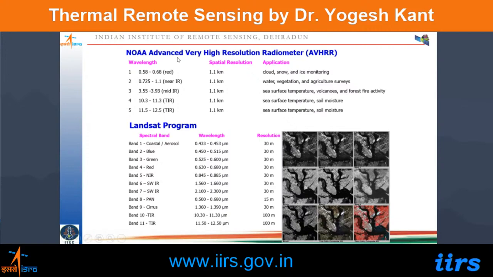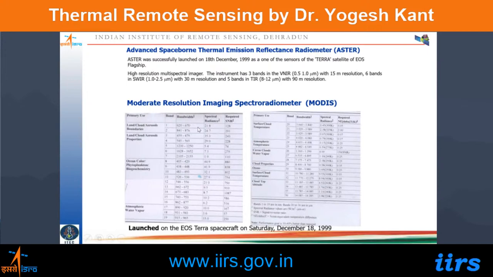MODIS, that is the Moderate Resolution Imaging Spectroradiometer, has 36 channels, and many channels are devoted to thermal infrared from 3 microns to 14 microns. One can use, over the Earth surface, as I said, 10 microns, 11 microns.